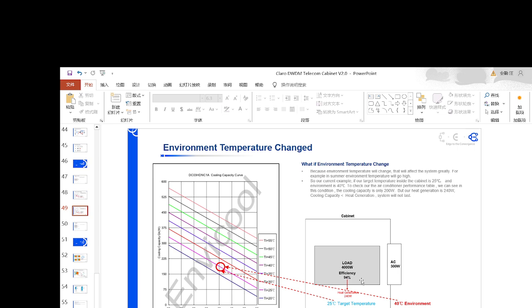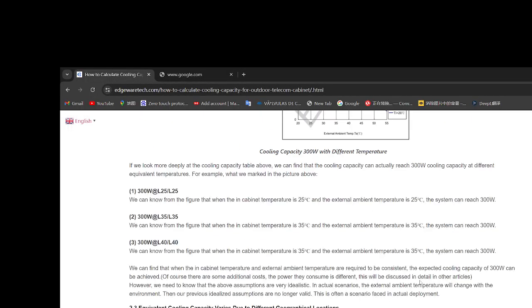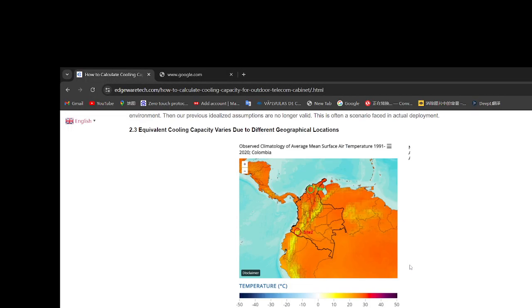So the cooling capacity is smaller than the heat generation. That will cause a problem. It is a key problem that happened with some of the carrier customers that we know. Let me give you one more detailed example.